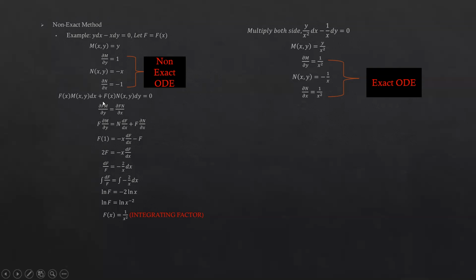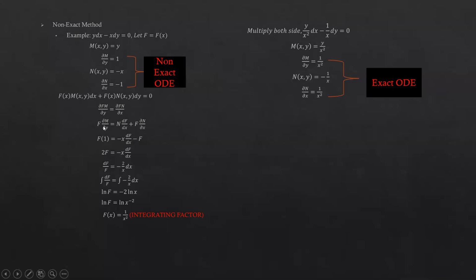To make the equation exact, it becomes partial FM over partial y equals partial FN over partial x. We notice that the question says let F equal F(x), so the equation becomes this equation.